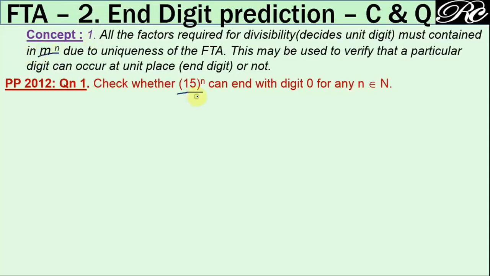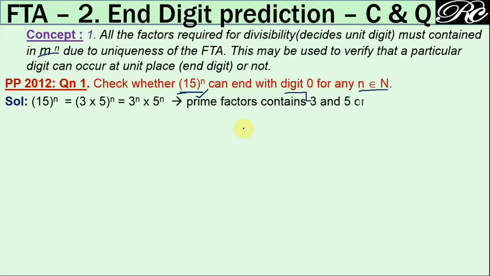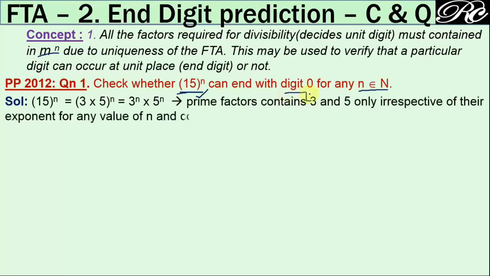We are given 15 to the power n, n is any natural number, then what will be the possible unit digit for 15 to the power n, that you can calculate by taking possible values of n, or you can apply the fundamental theorem of arithmetic, you go for the factorization, and by that you can predict. We have to check for the digit 0, whether 0 is possible or not. For checking one digit, it is better to go for factorization.